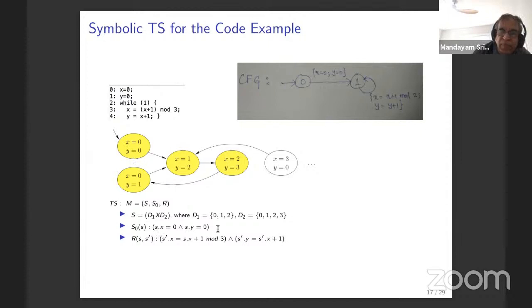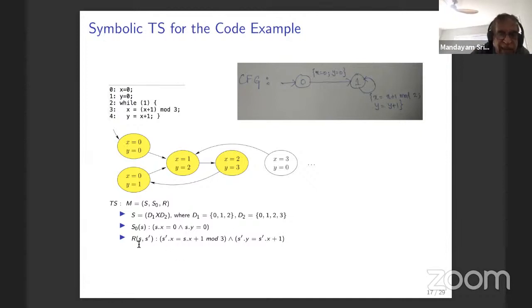In this case, the set denoted by this formula happens to have exactly one element, but it is not necessary that it should have one element, because you can have systems that start with multiple initial states as well, and we'll get to that.